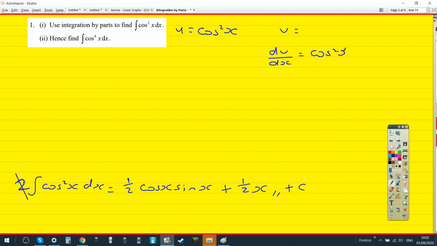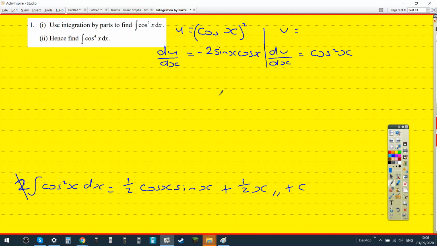So then du by dx, what's the derivative of cos squared x? cos squared x is another way of writing cos x all squared. So minus 2 cos x sine x. However you want to do it.